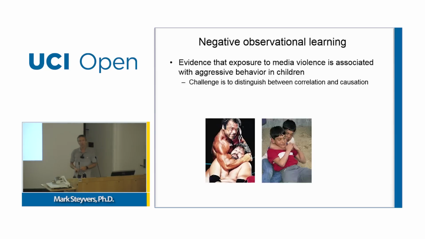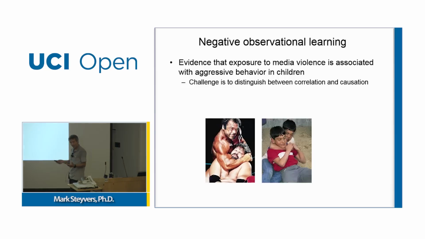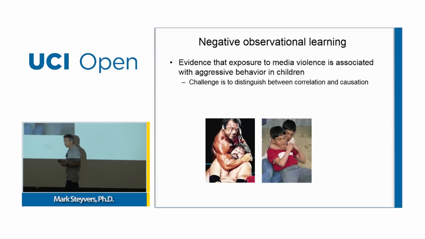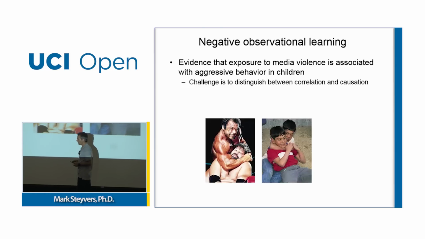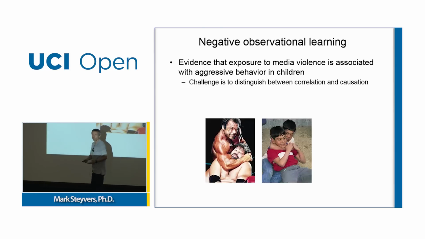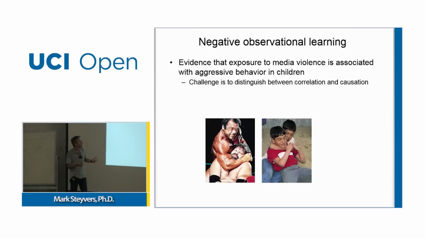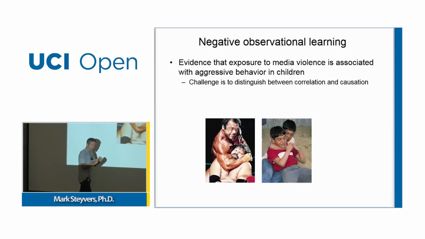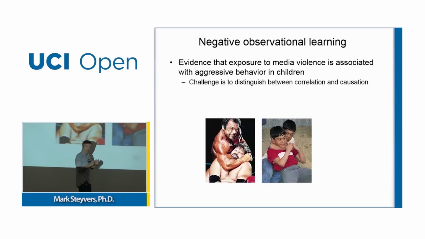Now the big issue here, of course, is whether this can explain aggressive behavior in children, if that's caused by violence in the media or violence in the environment in general. Most of the evidence points to a causal effect, where exposure to violence in the media causes violent behavior in children.